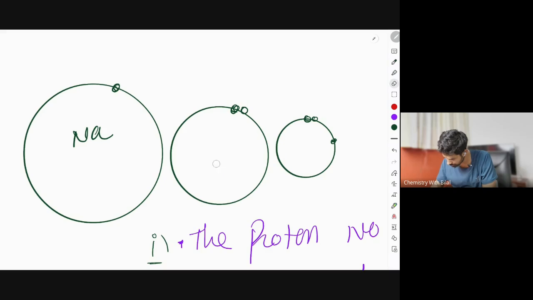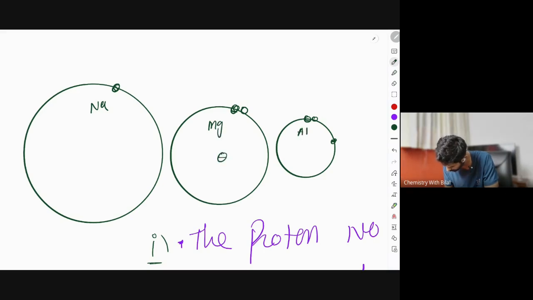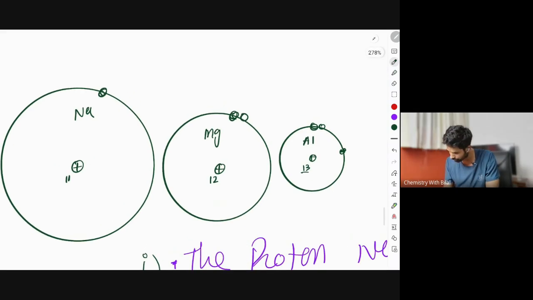Imagine, let me just draw the nuclei. This is sodium, magnesium, and here I write aluminum, and these are their nuclei. Imagine this nucleus has 11 protons, this has 12 protons, and this has 13 protons. Look, this one has more protons, and also the valence electron is close to the nucleus.